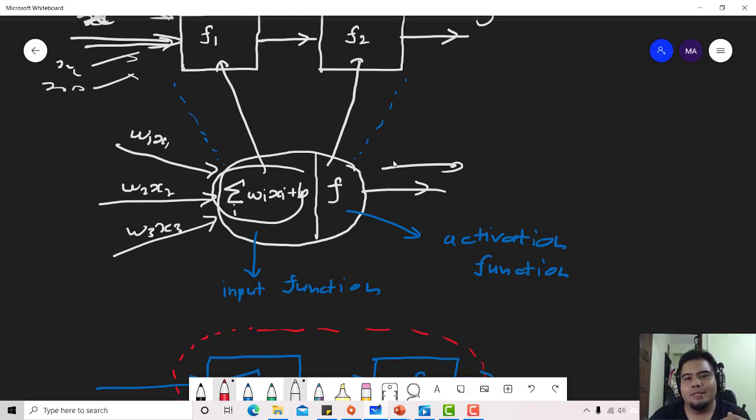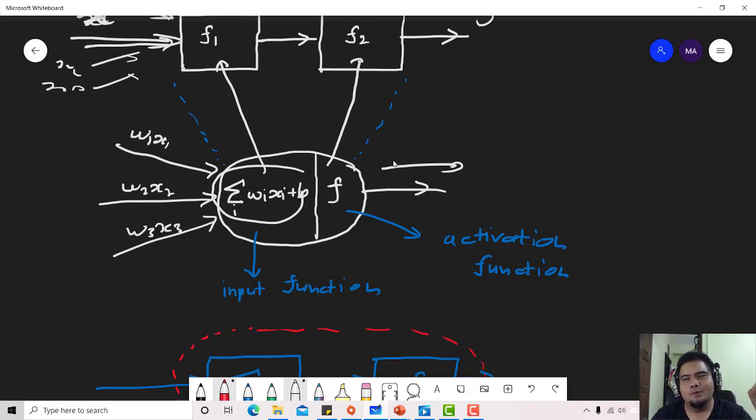At the end, one single neuron consists of two functions, and if your activation function is a sigmoid function, then that single neuron looks like logistic regression.